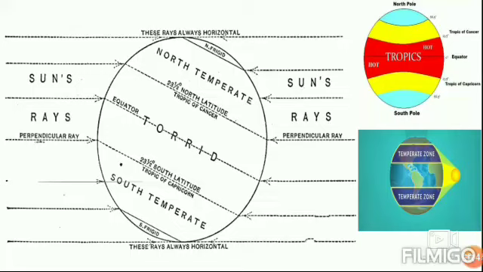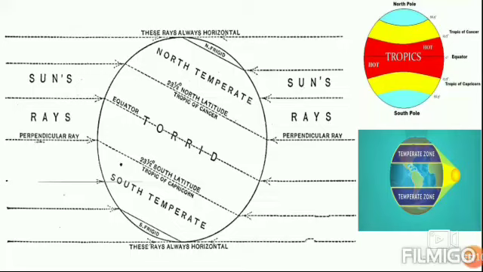Now we would see another zone, that is the temperate zone. The area lying between the Tropic of Cancer and the Arctic Circle in the north is the North Temperate Zone, and between the Tropic of Capricorn and the Antarctic Circle in the south is the South Temperate Zone. This area experiences moderate temperature.